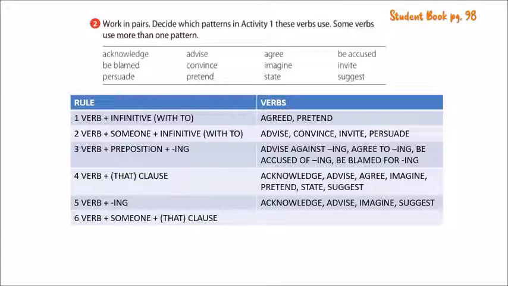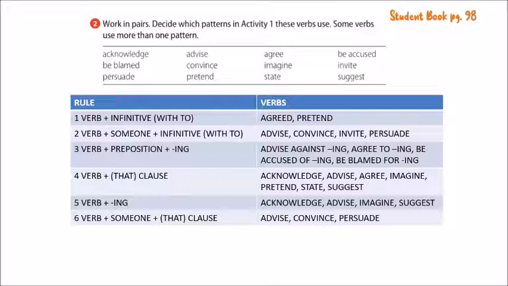Okay, now we have verb plus someone, that in the clause. So that would be advise, convince, and persuade. For example, I advised them that doing their homework was the best thing to do.